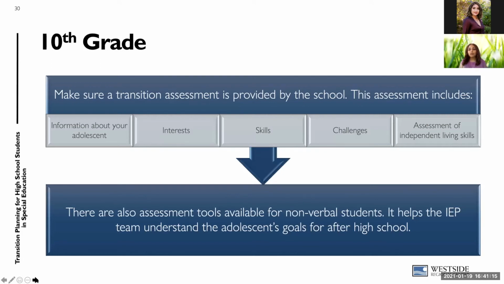In the 10th grade, we should really start taking the transition planning seriously. We have to start requesting assessment if the school hasn't already started on their own. This assessment includes gathering information about the child and looking at the child's interests, skills, what challenges the student is facing, and also assessment of independent living skills.